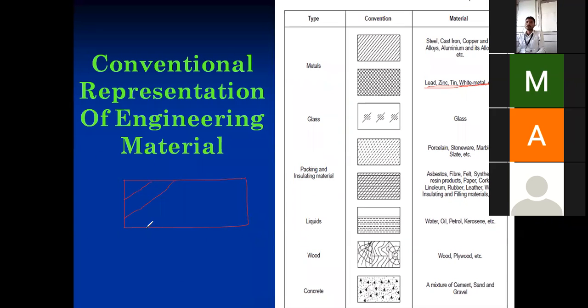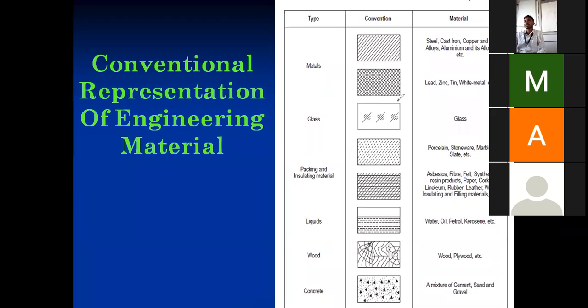It is like this. And the second, in metals only, is lead, zinc, tin, white metal. These are also metals which are used.